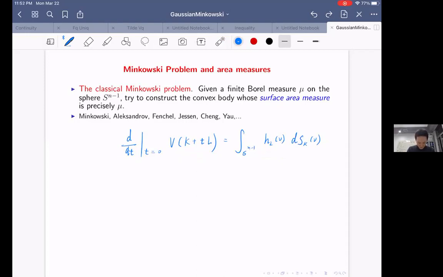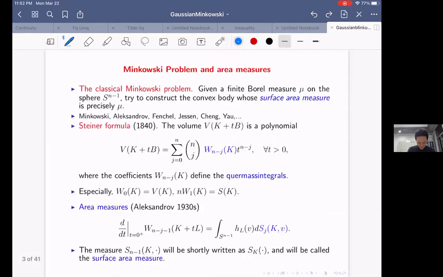All right, many mathematicians have contributed to this problem. Generally, in the variational approach, we can define a series of area measures. Let me start from this point.